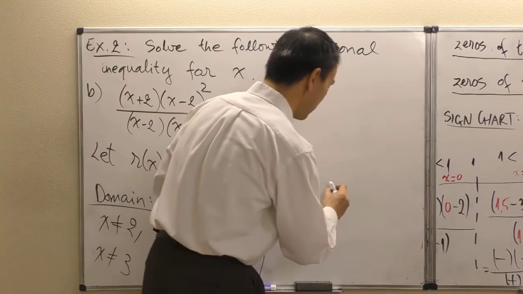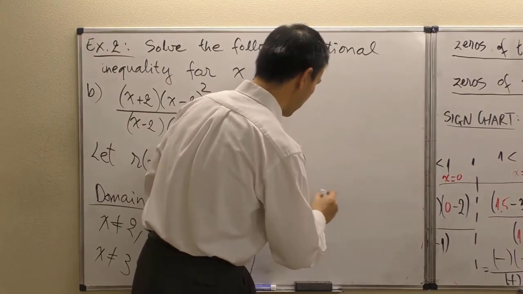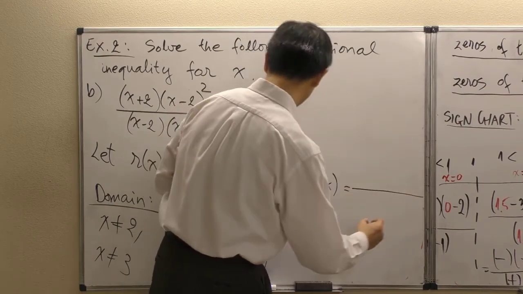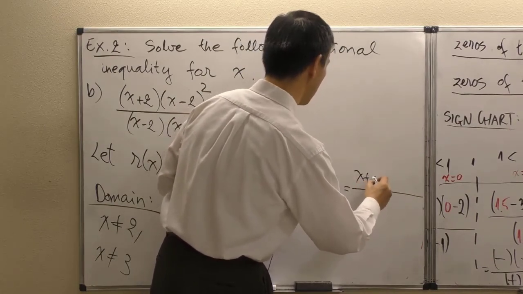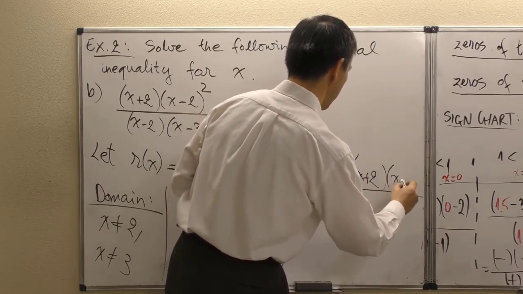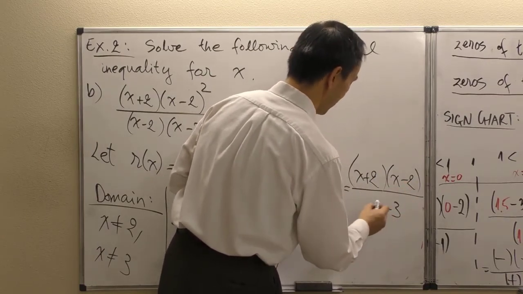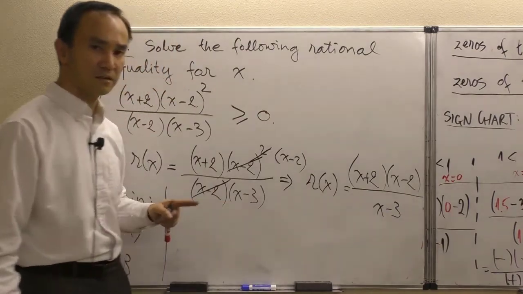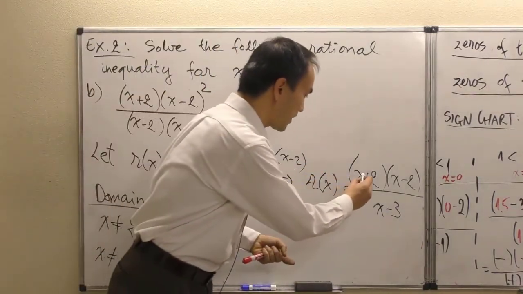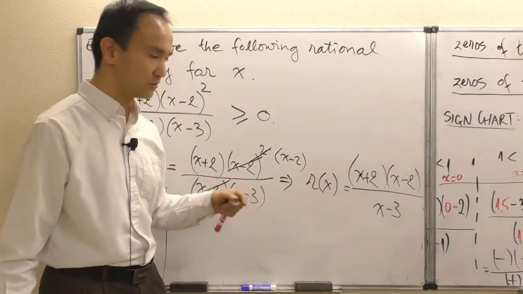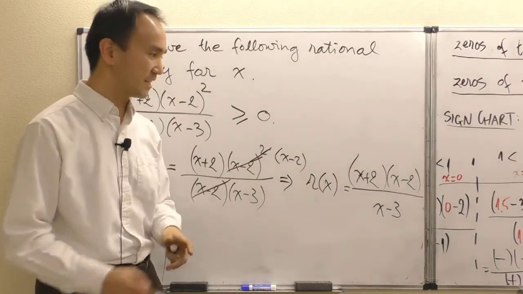So my final rational function in the next step, r of x, is simplified down to x plus 2 times x minus 2, and we're dividing that by x minus 3. All right, and that's our simplified rational function. And now we're going to use that simplified version for the next steps. All right.